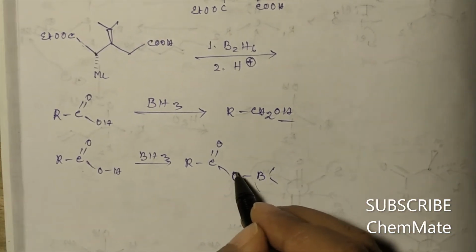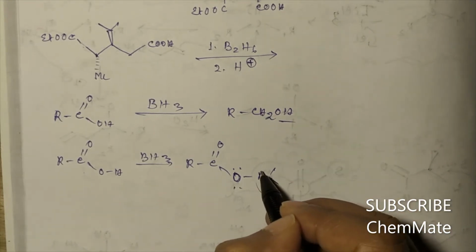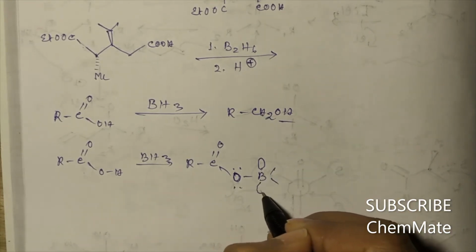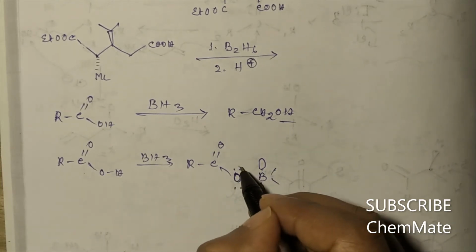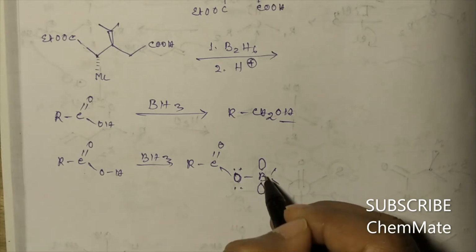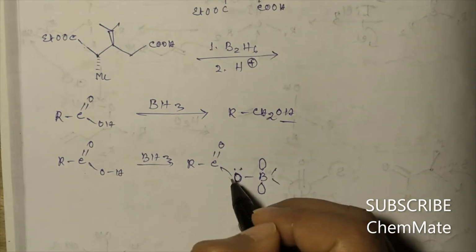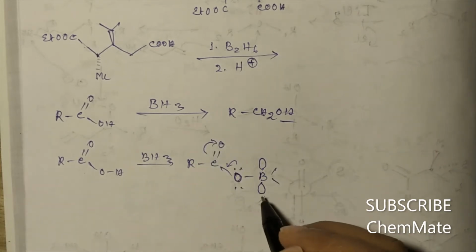Now this ester has some characteristic property. It has the vacant p orbital, so this lone pair will come in resonance with this p orbital, as well as it can go into resonance with this carbonyl group.